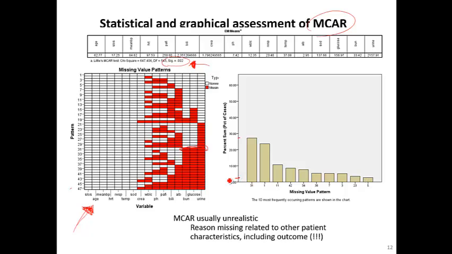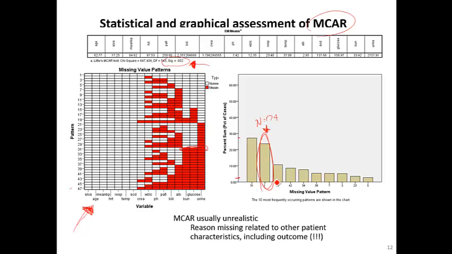By looking at this, the second largest pattern is number 1, which is not missing, so n equals 174 patients follow this pattern.